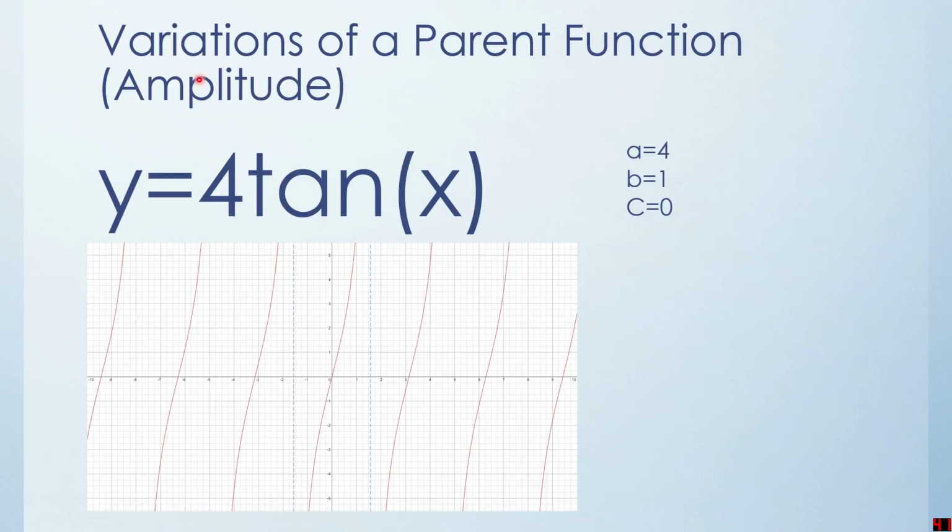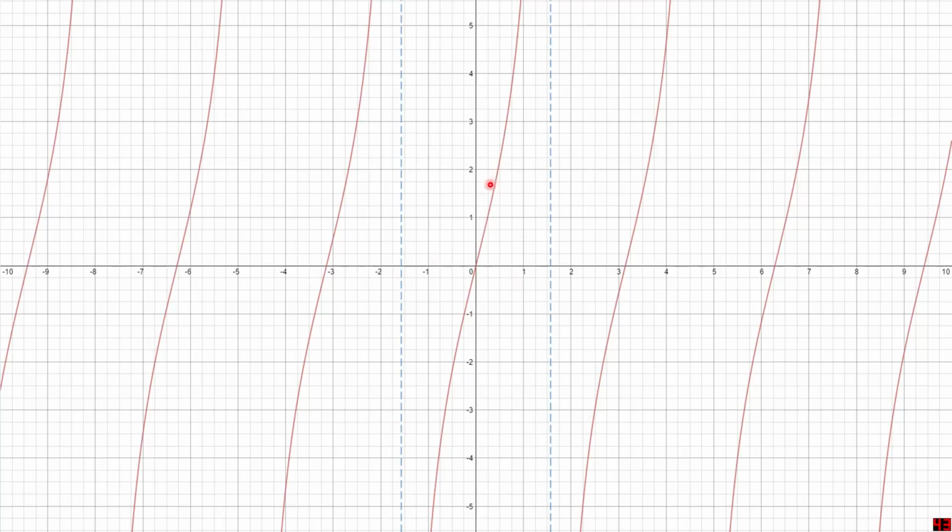And same thing with the sine, you would have amplitude as a variation. So the amplitude here, to find it, you would find the quarter point, basically this point, which is pi, because this whole line here is equal to pi. The starting point is the midpoint of the graph, and the quarter point is where the amplitude is.